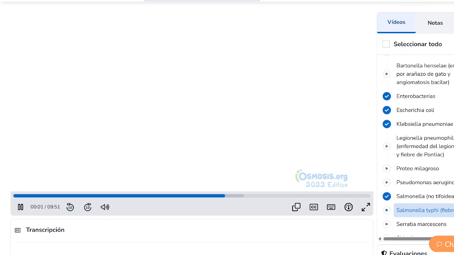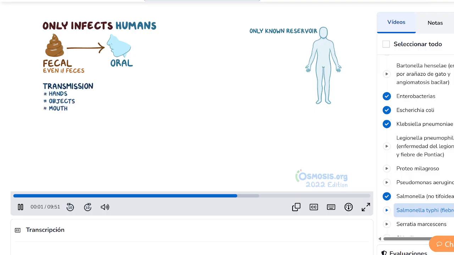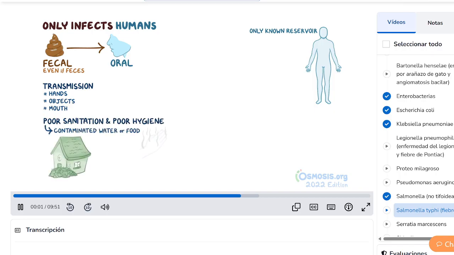Now, S. typhi is uniquely adapted and restricted to only infect humans, who are also the only known reservoir, and its route of transmission is fecal to oral, even if the feces come from a currently asymptomatic host. So, transmission is usually linked to any contact between contaminated hands or objects and the mouth, and also to poor sanitation and poor hygiene that leads to consuming contaminated water or food, especially if it's prepared with unwashed hands.